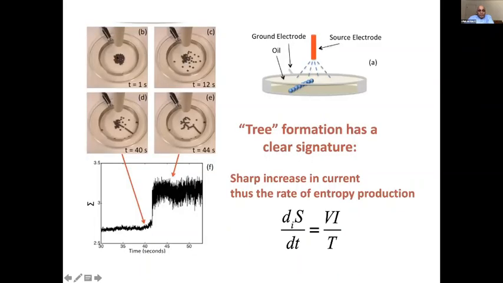Initially, you see these different stages. This is the current we are measuring, and this is just before the tree is complete. And as soon as the tree is formed, the current jumps. The formation of a tree can be interpreted as the system morphing itself to draw more current.